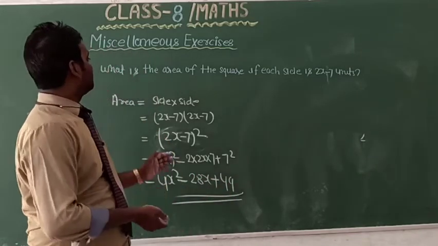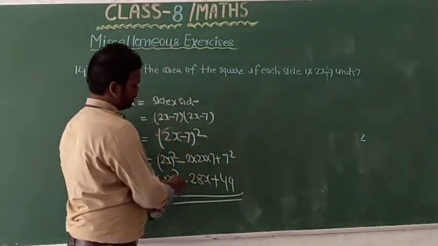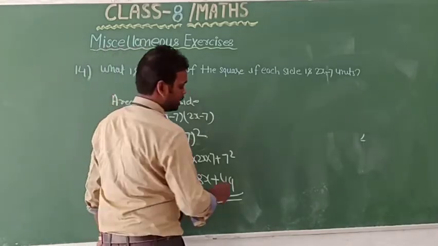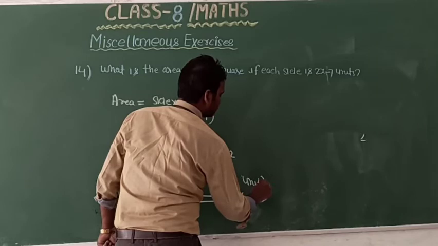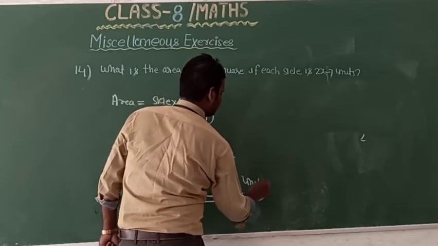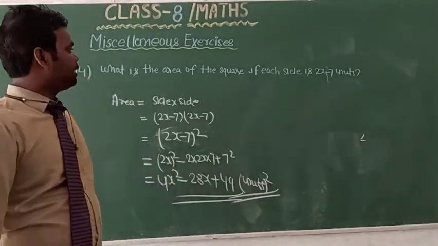Okay, so the area of the square is equal to 4x² minus 28x plus 49 unit square. Okay, so this is the area of the square.